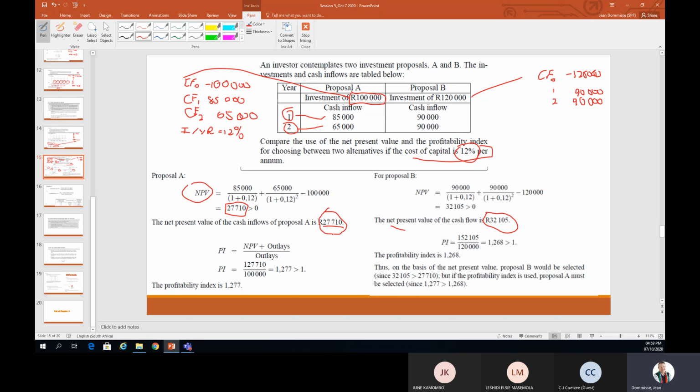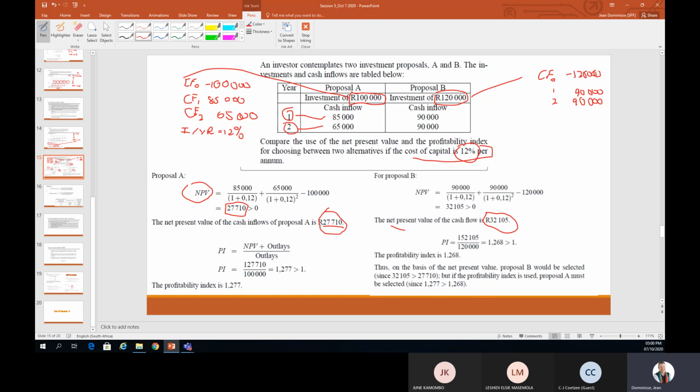So I would want the investment with the highest net present value of cash flows. Remember that in proposal 2, you gave more into the investment. You gave 120,000, whereas in investment A, you only gave 100,000. So by using the net present value, because they are two different investments that you started off with, you don't really get the right answer.